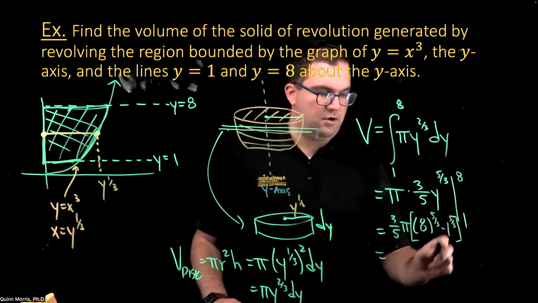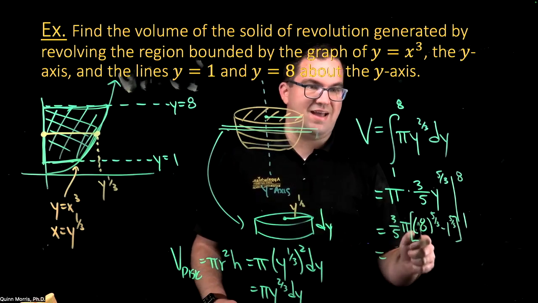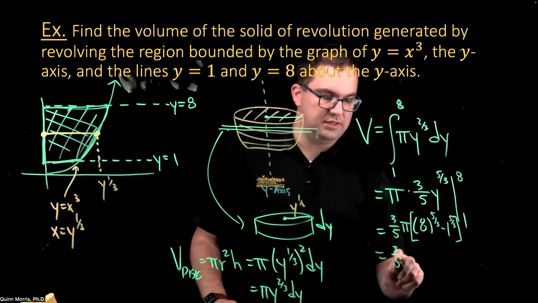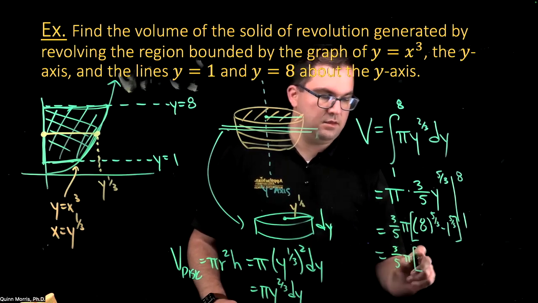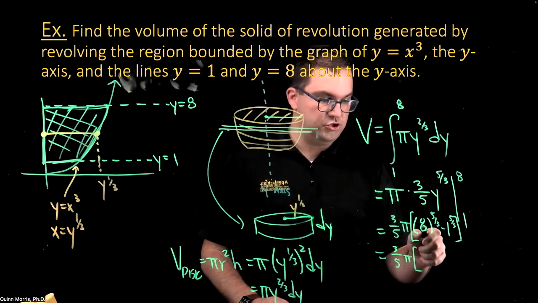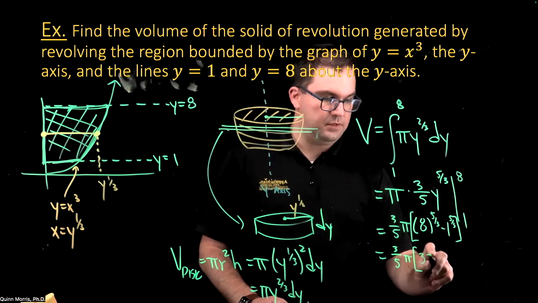Okay. Now 1 to the 5/3 is just 1. 8 to the 5/3, that's the cube root of 8 to the 5th. Okay. So this is 3/5 times pi times, now the cube root of 8 is 2, and 2 to the 5th is 32.